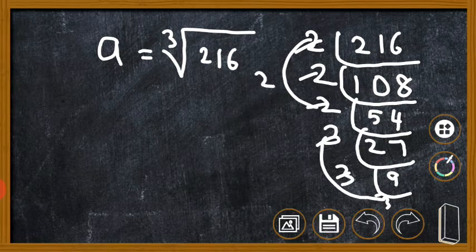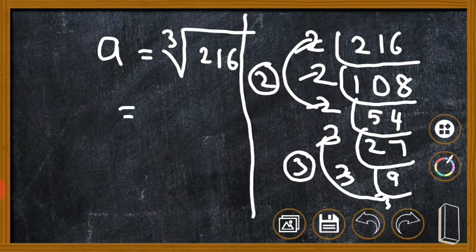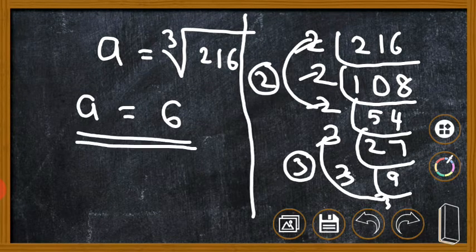So here it is 2, and from these 3 next 3. So what is the cube root of 216? Cube root of 216 is equal to 3 into 2. What is that? 6. So what is the side of the new cube? 6 centimeter.